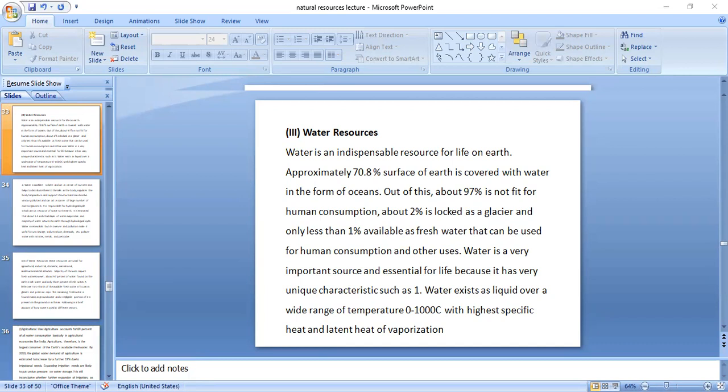It should be distributed equally. A dam is a structure built across a stream, a river, or an estuary to retain water.